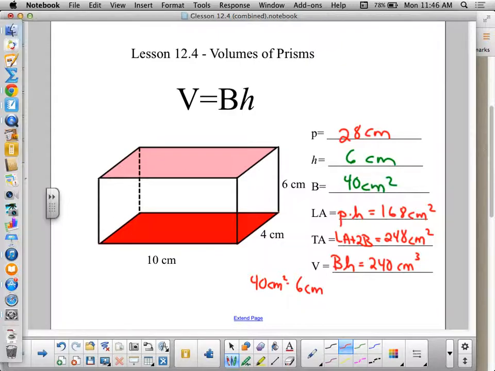But really, that's it. That's all that's new today is base area times height for volume. You've already calculated the base area. We spent the entire last chapter going over how to calculate the area of something. Finding the height, we had to find the height to find the lateral area and total area, which we did on Friday. So adding volume to the mix here is a really very tiny little addition.